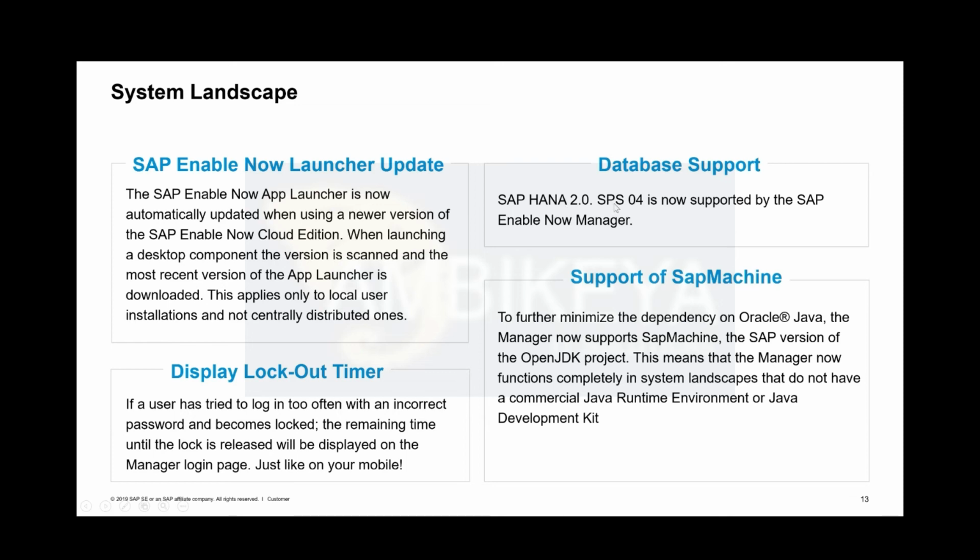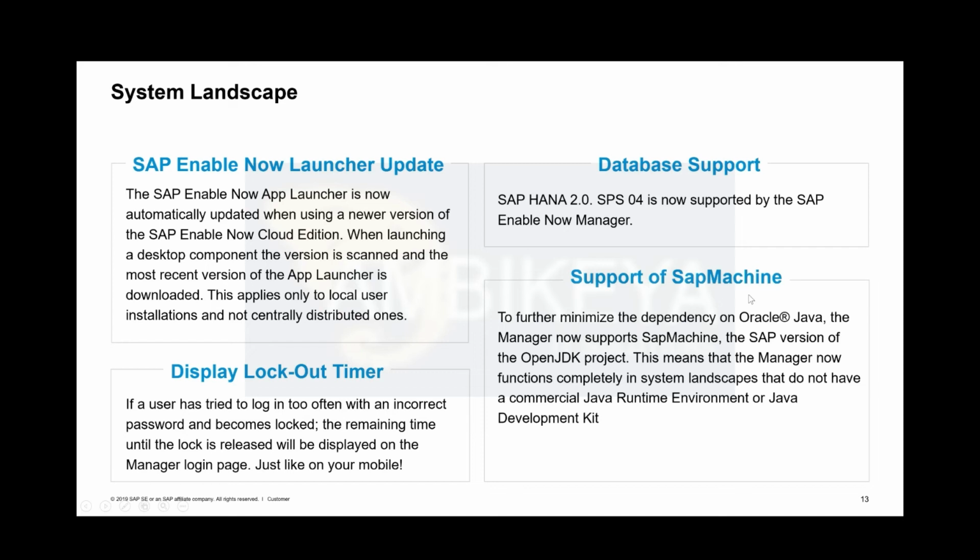Okay, done now. 1908 is supporting HANA in the latest service pack as well. So no issues expected anymore. And yes, we have the logout timer being displayed now. And the support of SAP Machine. Take care. It's now officially supported.